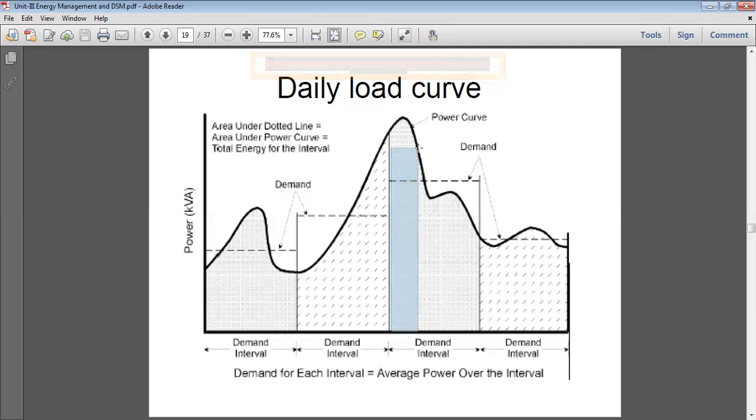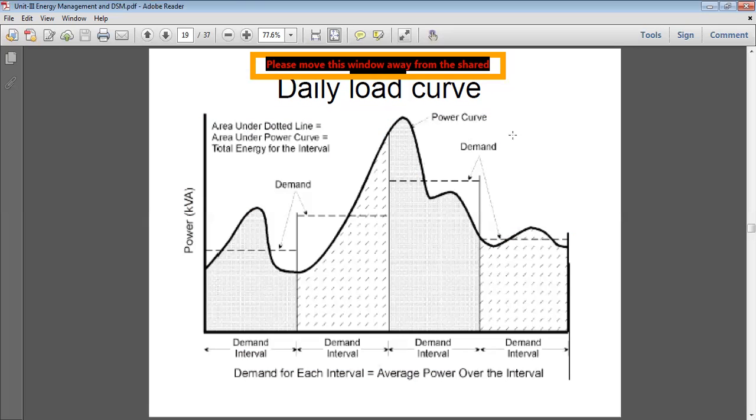Say this is your maximum demand. So by rescheduling the load, shifting it to another time, it will reduce our maximum demand. So this is one way to control the maximum demand.